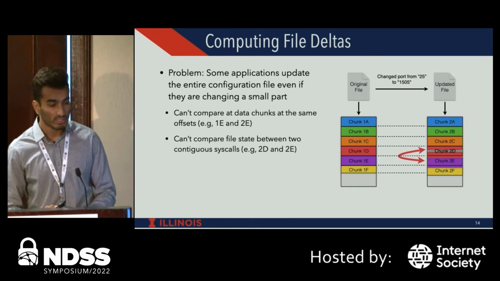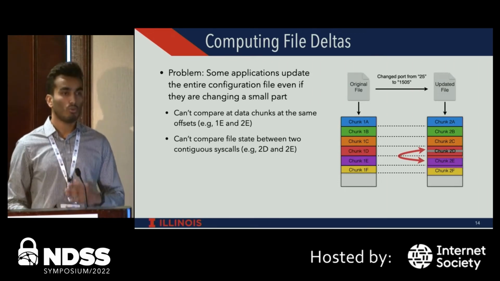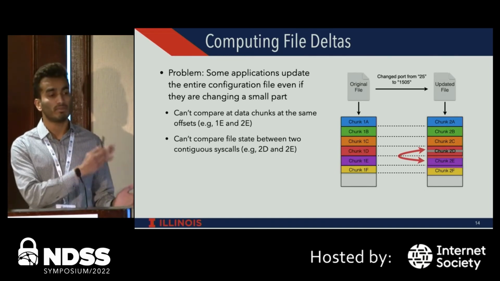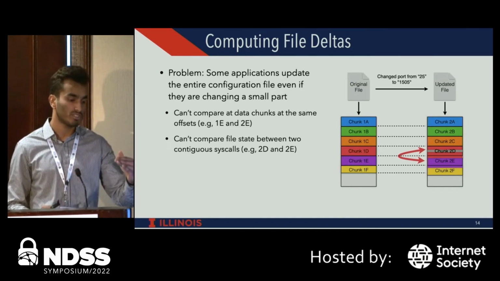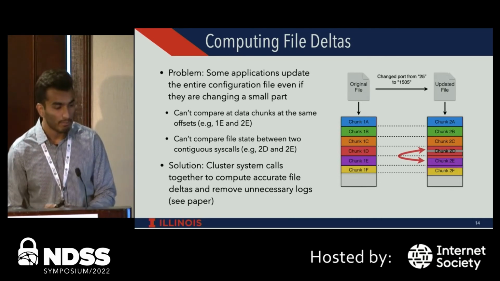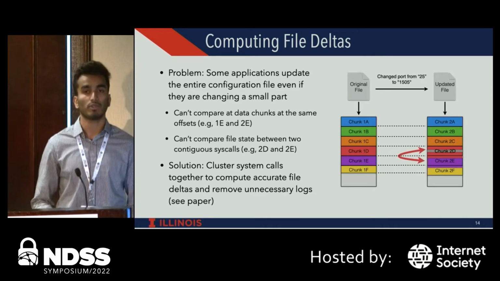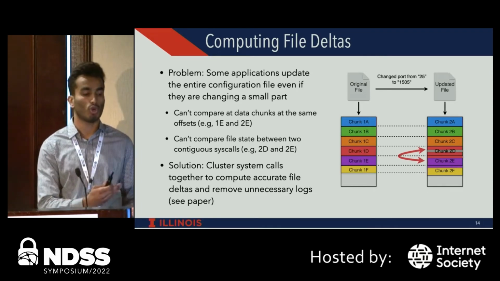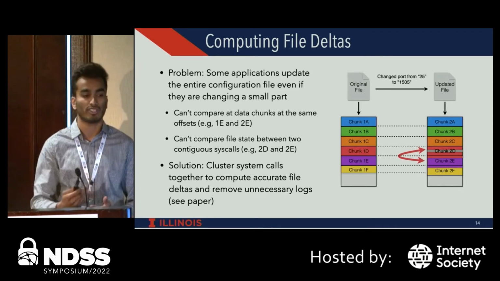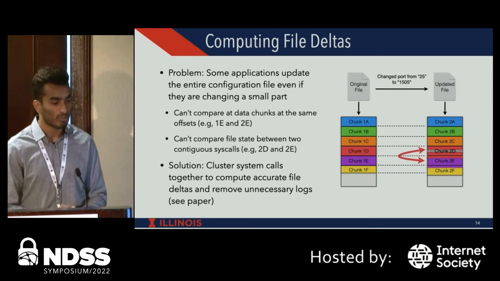So based on this, we observed that in order to compute the correct file delta, we need to compute the differences between the complete file state before the first system call and after the last system call during an update. And based on that, we propose a solution where we cluster different system calls together and compute accurate file deltas. Moreover, this also removes any unnecessary logs that are being collected due to complete file rewrites. And the details of our algorithm can also be found in the paper.